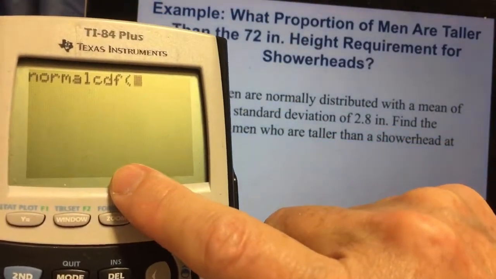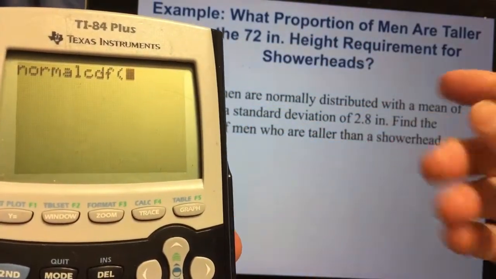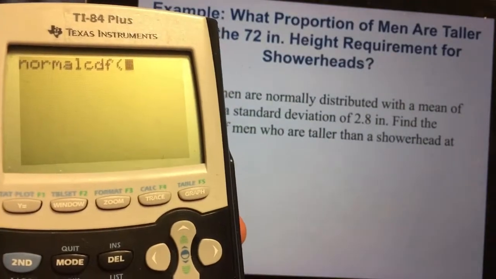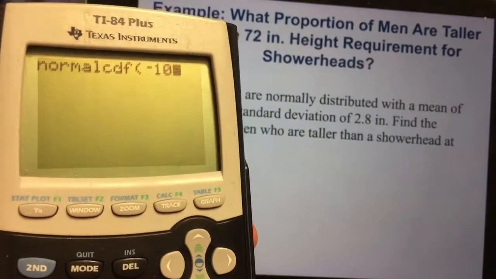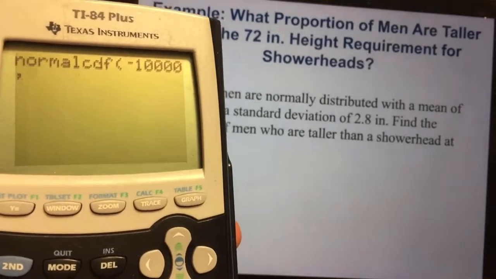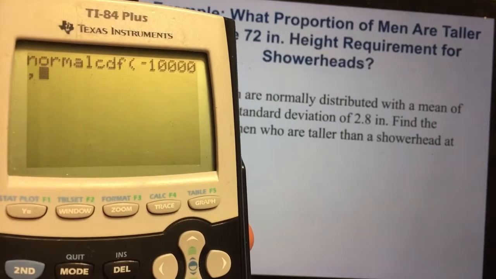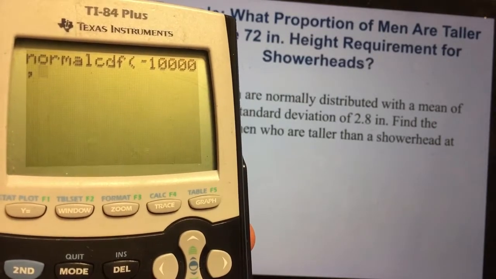So in order to tell my calculator that I want to take it from way, way ridiculously low, I'm going to put negative 1,000. You can even put negative 10,000 if you want. Very, very low number. In other words, I'm going all the way as far left as I can.